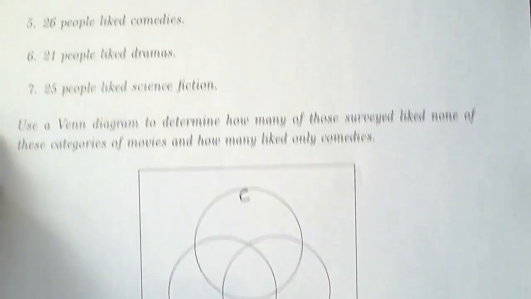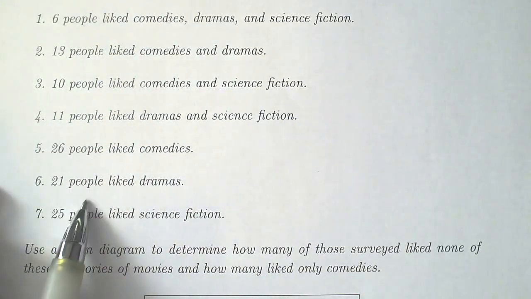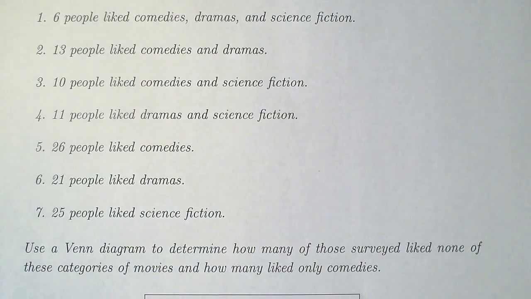So looking at all these numbers and figuring out where do we need to use these, let's remember what the previous page said, and I think it said this in bold, was to work from the intersection first. Work with the innermost region and then work your way out.